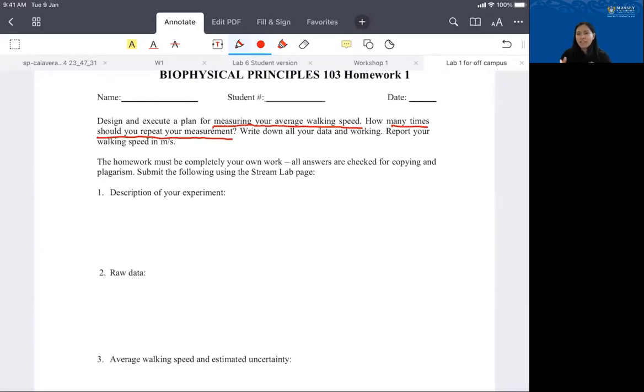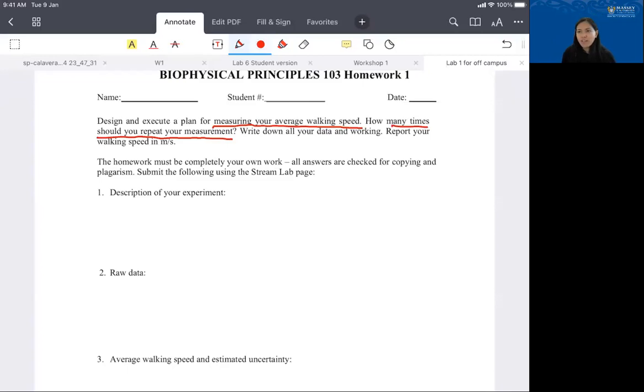Obviously, if you take just one measurement of your distance and one measurement of your time, sure, you'll get your average speed, but there's no way of knowing how good your measurement is. So ensure that you make several measurements, at least 3. Maybe around 5 or 6. Don't go less than 3, because 2 measurements are a bit inconclusive.